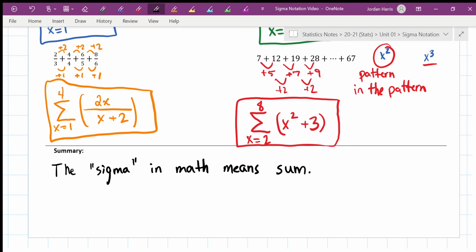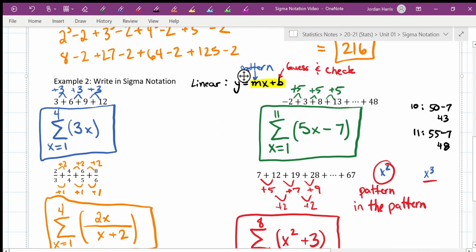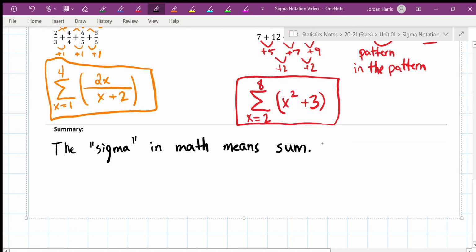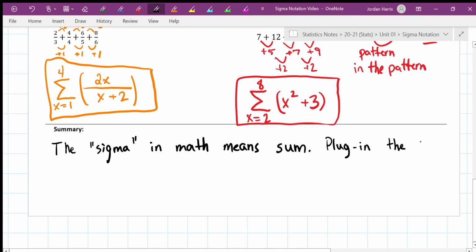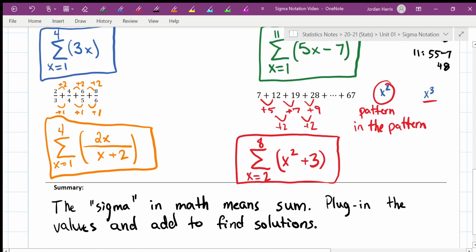So the first thing we did was we plug in and we added, okay, to find the solutions.